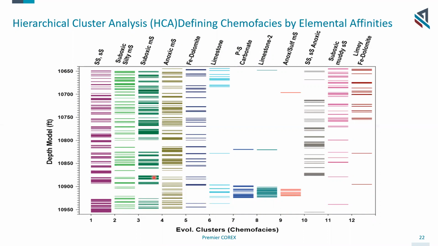Then we see it coming back again, and later we have another cycle here. So maybe we've got a change in sea level. That type of thing can be used for the interpretation of the formation.